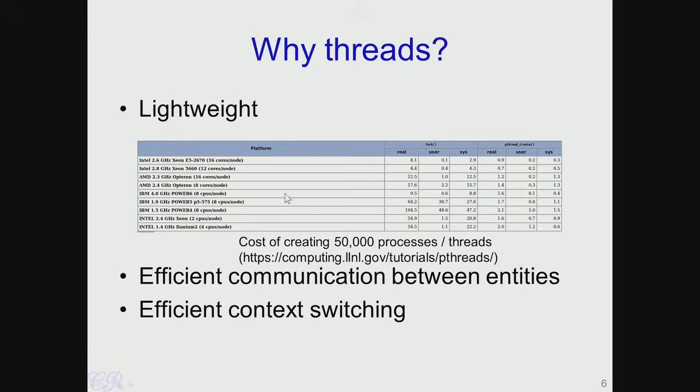Let us take any of these machines as an example, let us say the first one. If you look at this particular column, the time taken is 8.1 in order to create 50,000 processes using the fork system call. On the other hand, creating 50,000 threads on exactly the same machine only requires a time of 0.9. So, we see that creating threads is much more efficient than creating processes.